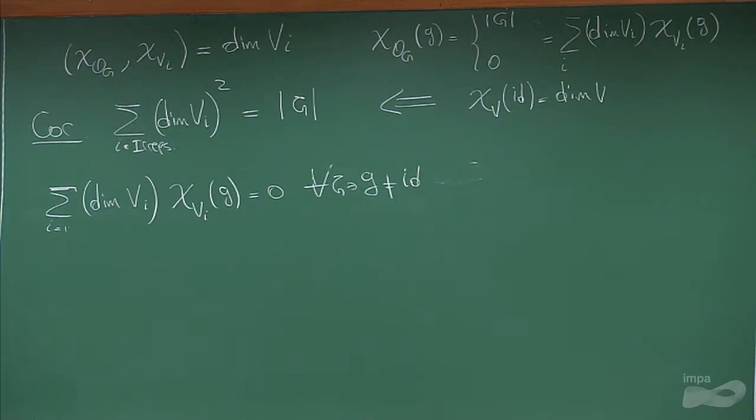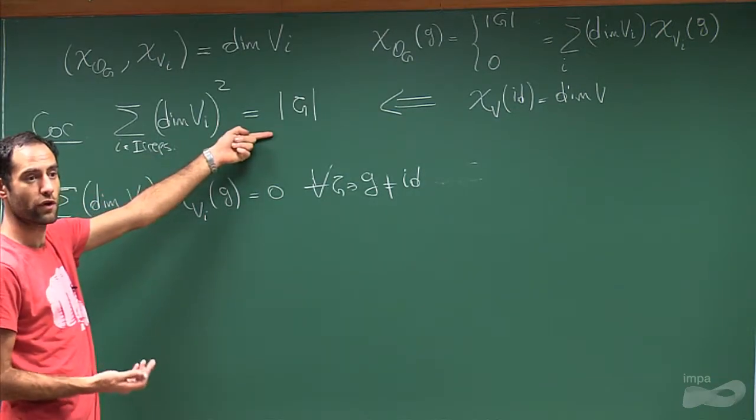If you want to know what are all the irreducible representations of a group, and you've already found out a few of them that are irreducible and are not isomorphic, then this condition might tell you whether or not you found them all.